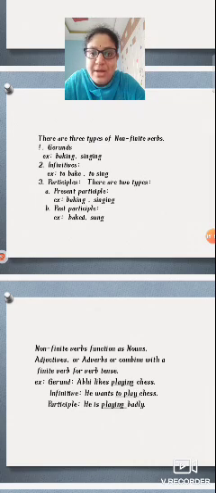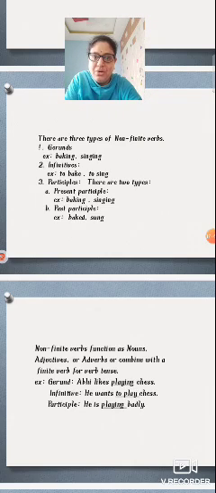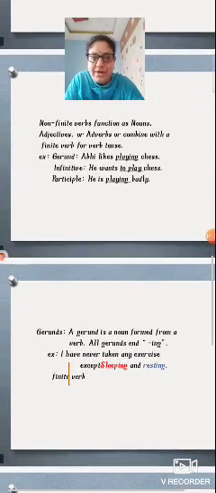Examples of gerunds are baking and singing, infinitives are to bake, to sing, and participles are divided into the present participle, baking, singing, ending with -ing, and the past participle, baked and sung. So it shows the past.